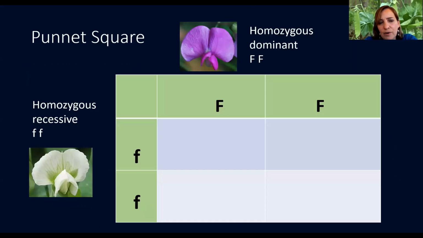The Punnett square calculates the probabilities for the genotypes and later for the phenotypes.